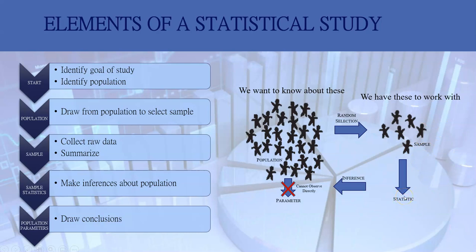From there, we infer that the data that we got applies to the entire population. That might not be true, but that is how a statistical study works. So you start with the goal, figure out the entire population, randomly select from that. That gives you your sample. You do your study. That gives you your statistics. And then you apply that to the entire population again, and those become the parameters.